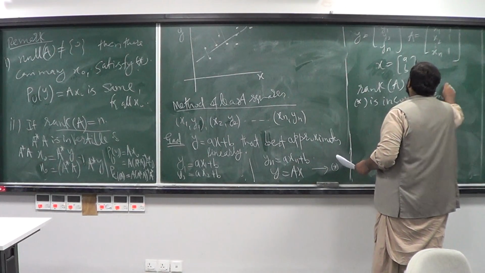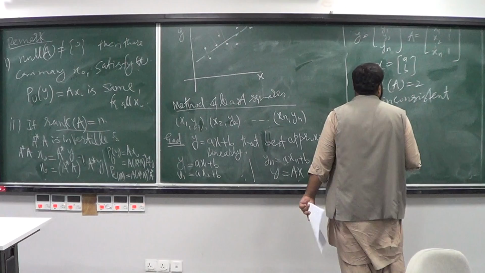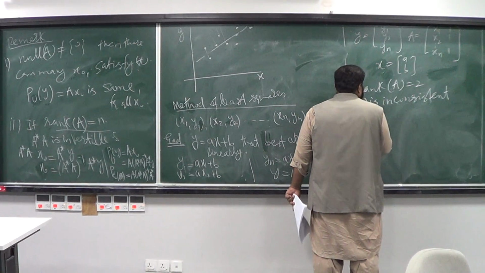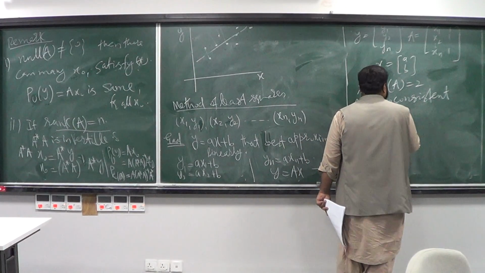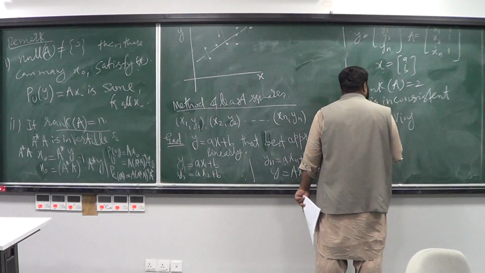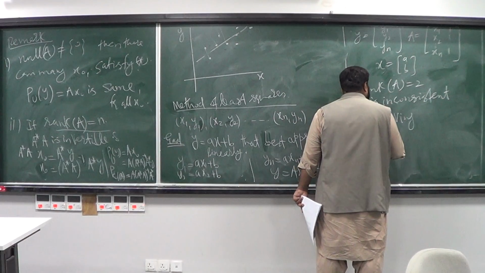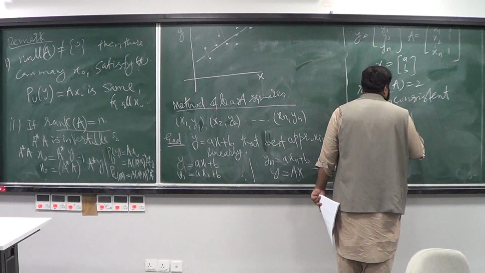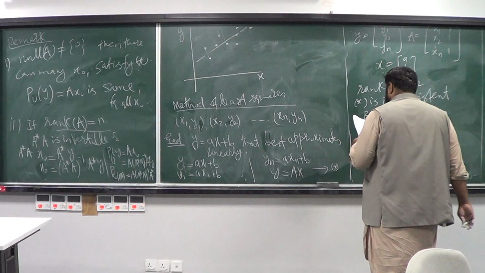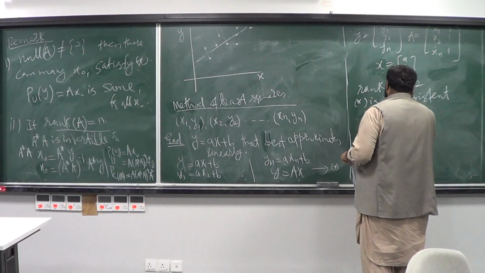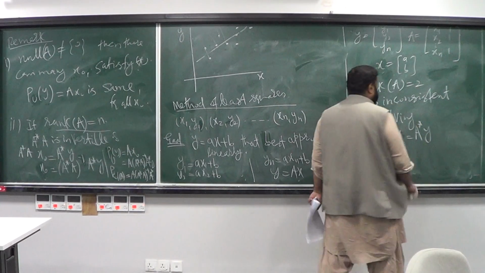Then this previous result guarantees that by solving the system A star A x equal to A star y, this system is always consistent.